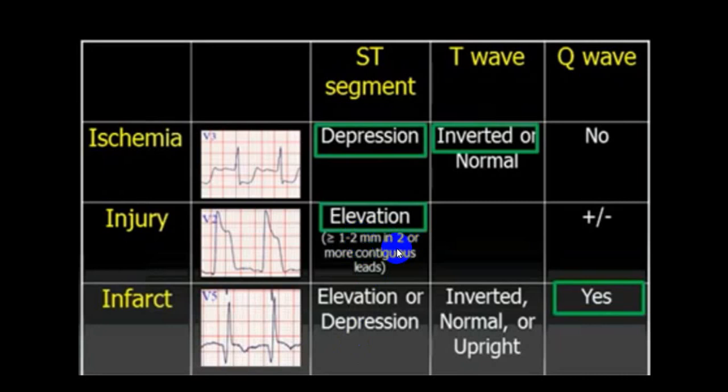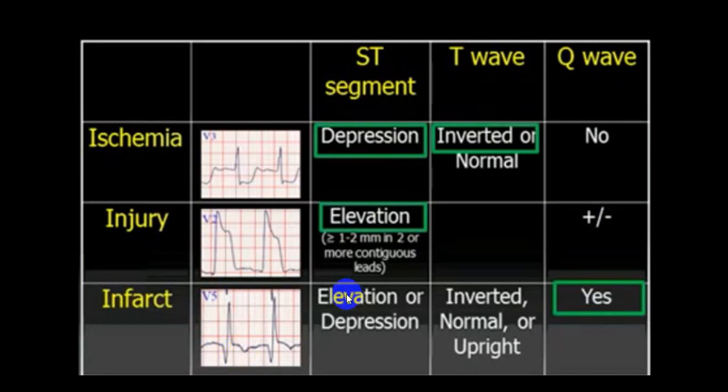By and large, as it advances to an infarct, you will have Q wave appearance. You can also have ST elevation if there is variant angina, vasospastic angina or Prinzmetal angina. Once there is necrosis, or what we call infarct, the ST segment will come down, you will have appearance of Q wave, and the T wave will be inverted.